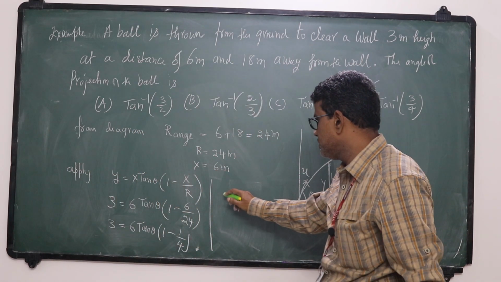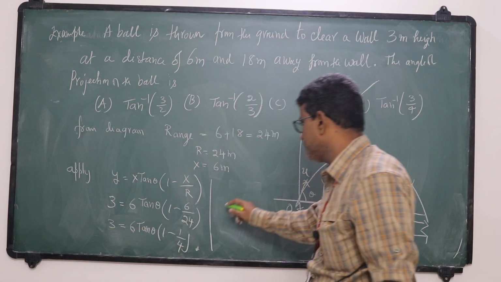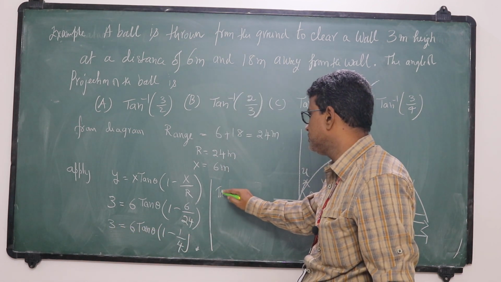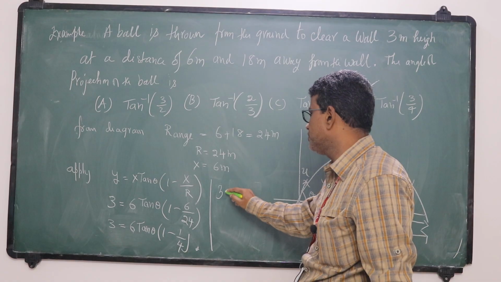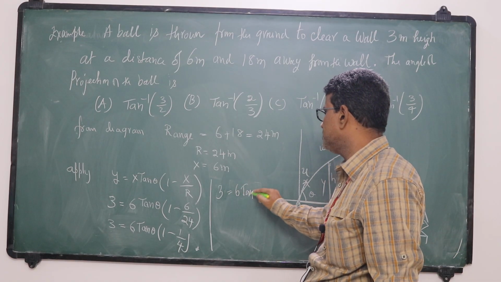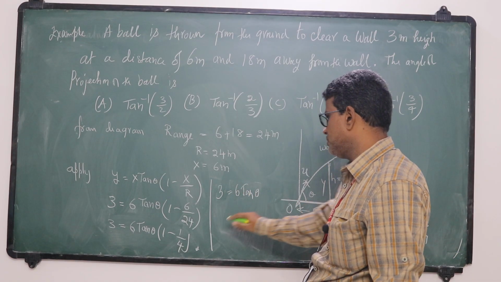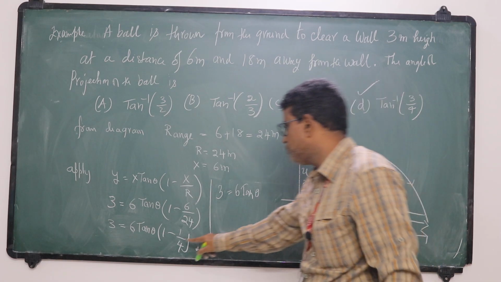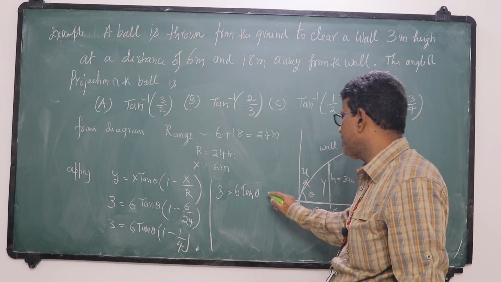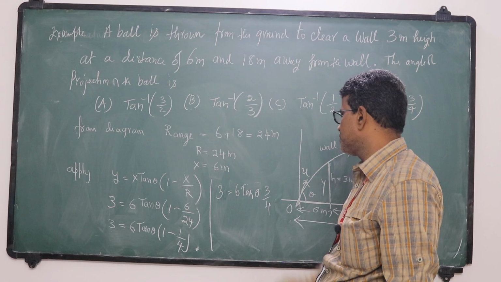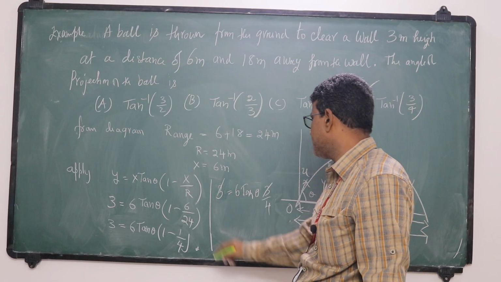I will write once again here. So this is 3 equals 6 tan theta, and I want tan theta. Tan theta times (1 minus 1 by 4), 4 minus 1 is 3, so 3 by 4. So this 3 gets cancelled.